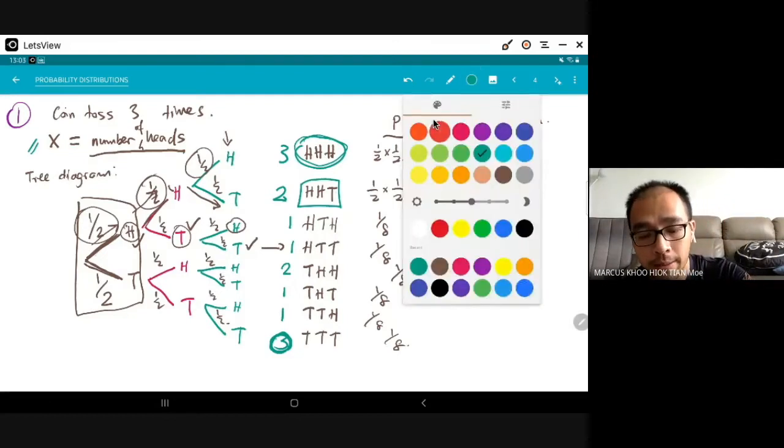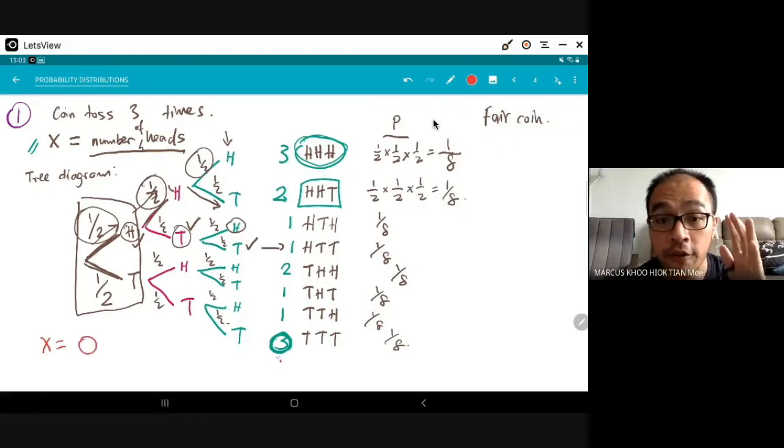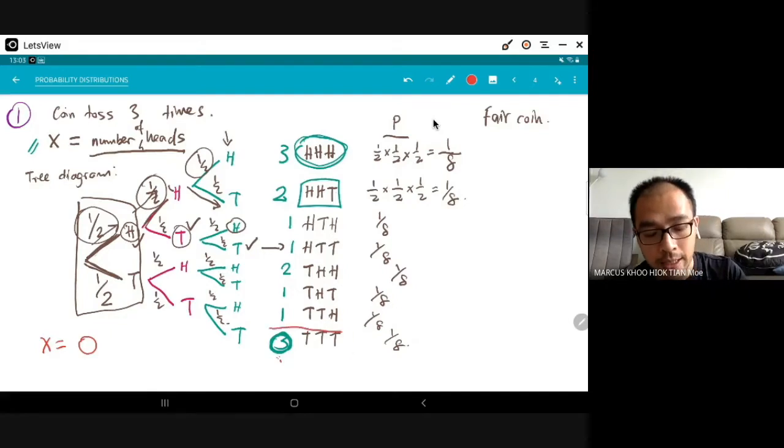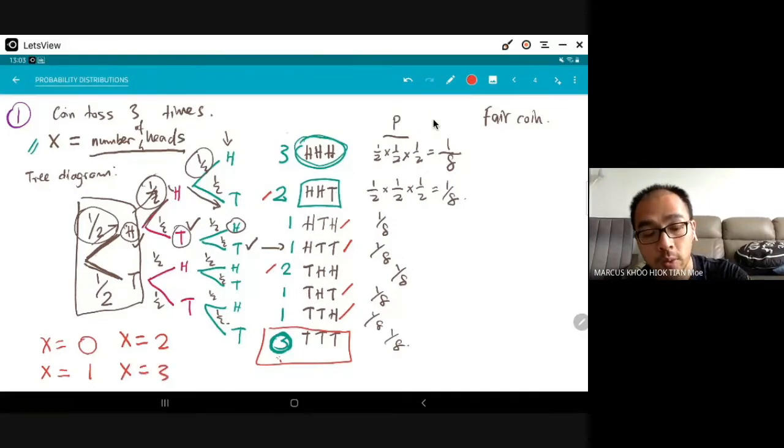You will get x equals 0 in this case. x is the number of heads. In this case, you get 0 heads. Another one is x equals 1, 1 head. Another one is x equals 2, which is this and this. You get 2 heads. And x equals 3 is this last one.